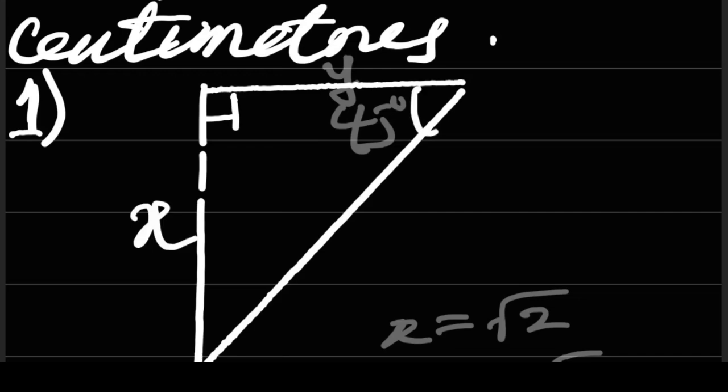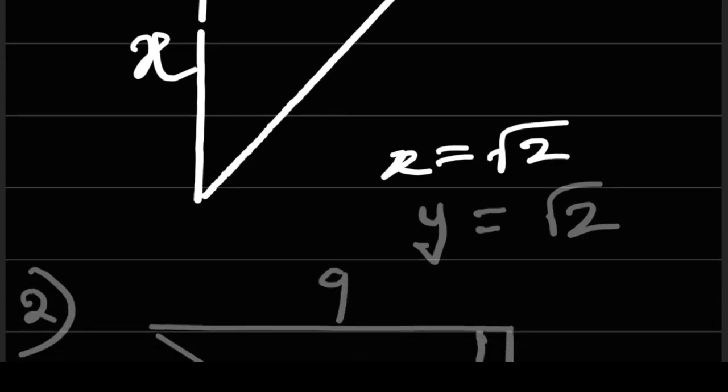We have angle 45 degrees here. And we have our y here. Please do this work. If your work is correct, your x will give you root 2, and also your y will give you root 2.